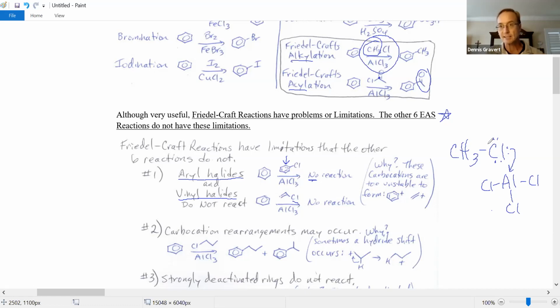Then in a second step, this bond right here can break to form a carbocation. So essentially, aluminum chloride rips the halide off of the carbon, and you create a carbocation, a very reactive and unstable molecule. That's what needs to happen here. And aluminum chloride just doesn't have enough strength to pull the halide off of an sp2 hybridized carbon.